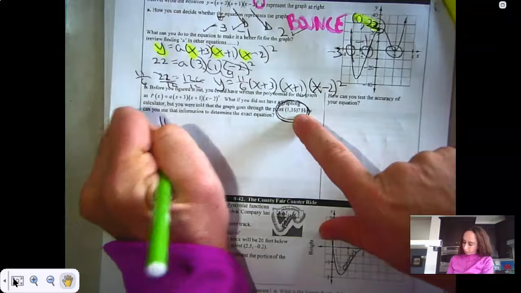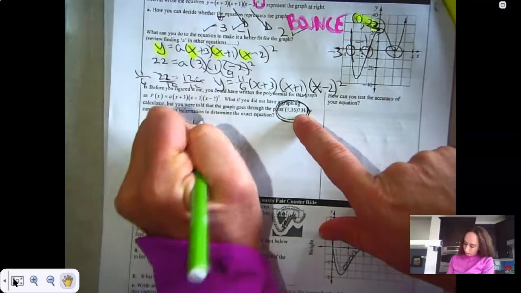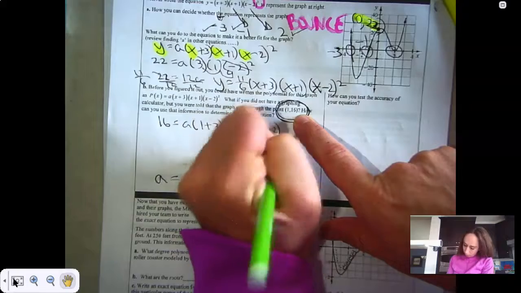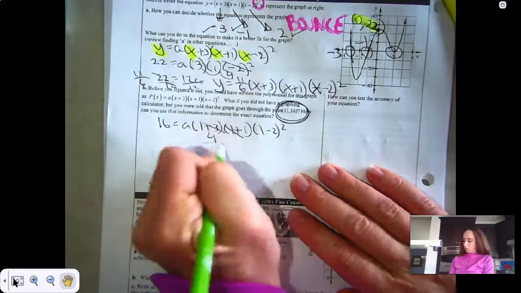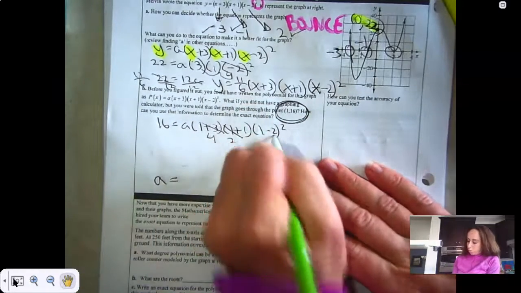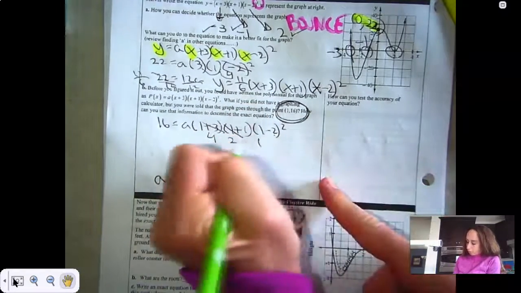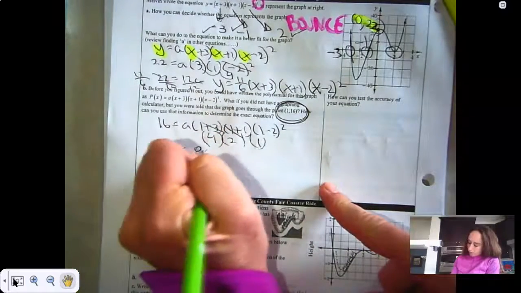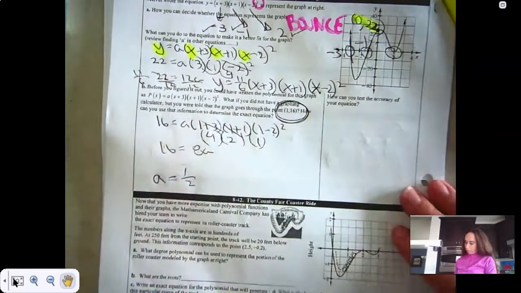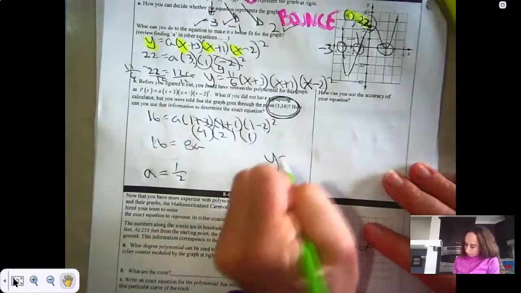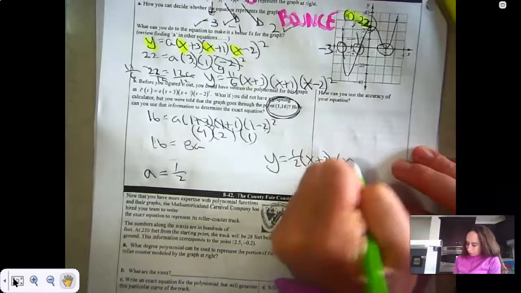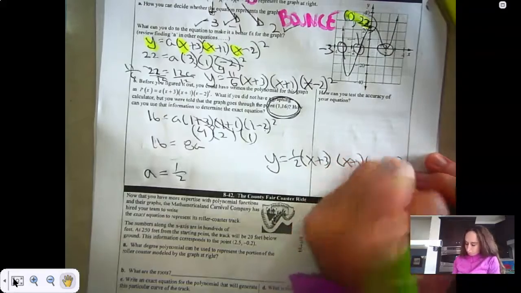Put 16 in for y equals A, 1 in for x. 1 plus 3 is 4, 1 plus 1 is 2, 1 minus 2 is -1 squared, which is 1. Multiply, multiply, multiply. 16 equals 8a, a equals 2. So y equals 2, x plus 3, x plus 1, x minus 2 squared.